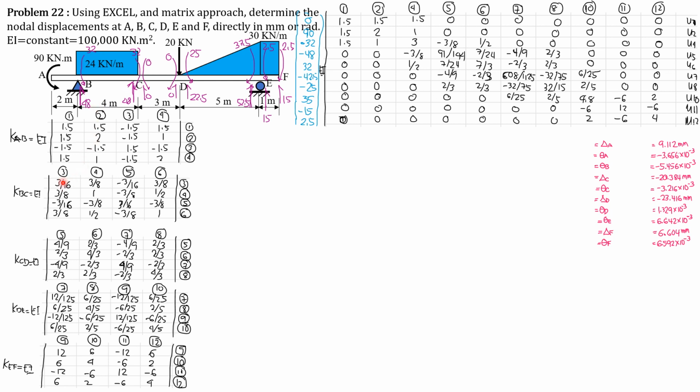So for instance, this is 12 times 1 over 4 cube. This is 6 times 1 over 4 square, and so on and so forth. 4 times 1 over 4, so that's why it's 1, then 1/2 of 1. And the rest you should be able to generate for CD, for DE, and for EF.